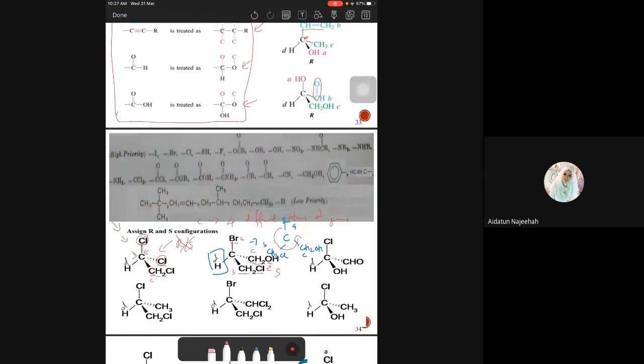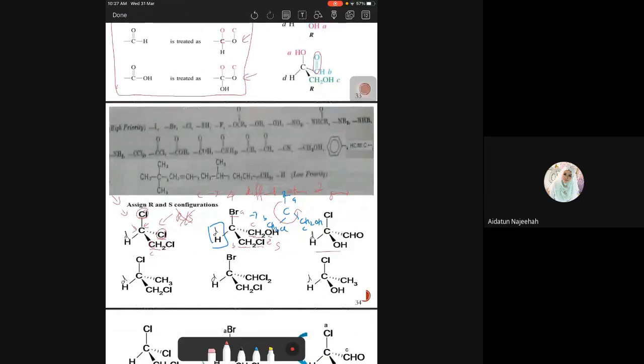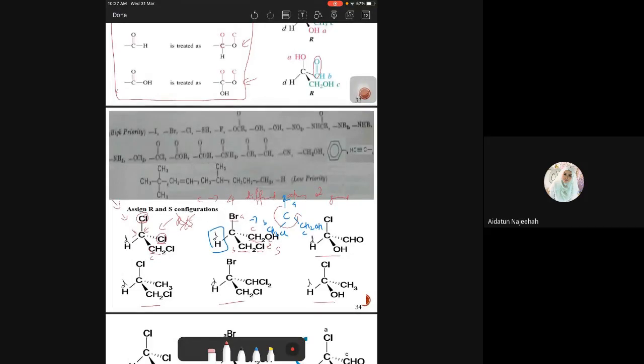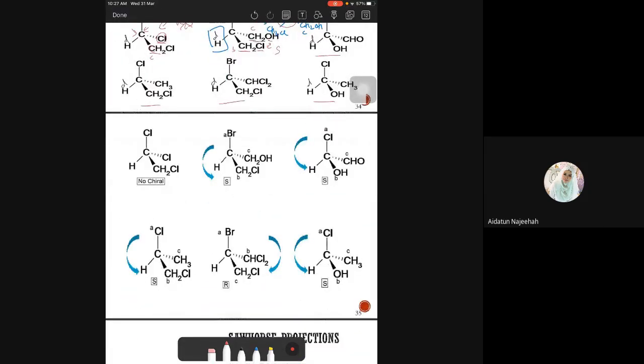So for this one, and this one, you try to see whether you can get the same answer, as I already placed the solution over here.